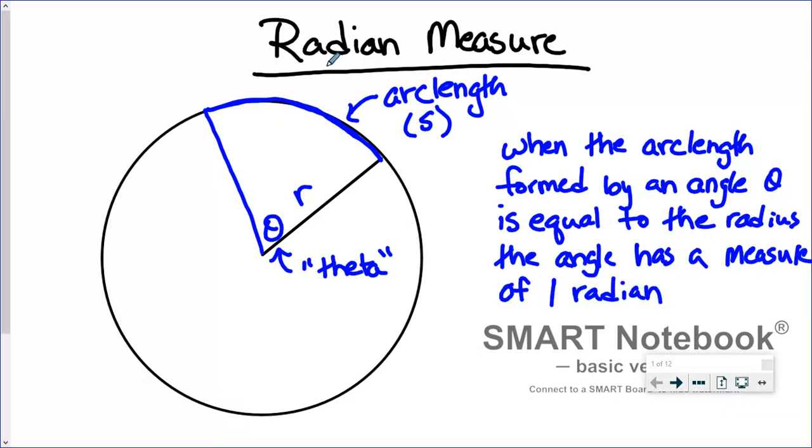So this may be kind of close, right? Up here, this is probably pretty close to this same distance here. So we could say here that theta is equal to 1 radian.